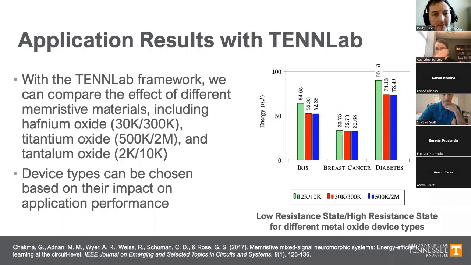We used EONS to evolve networks for simple classification tasks for each of these. The accuracies were the same across all of the different implementations. So it didn't matter what the material was that was being used to implement the device. We still got similar accuracies, but the energy usages were different, which may be important for your application.